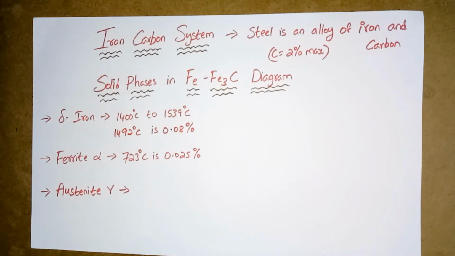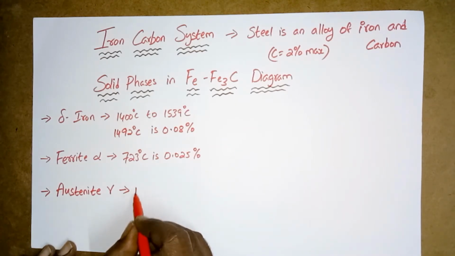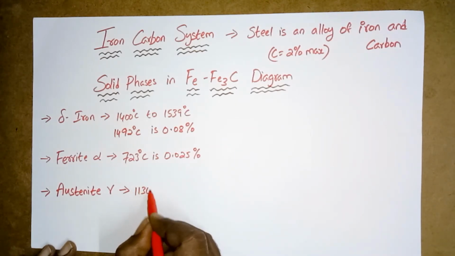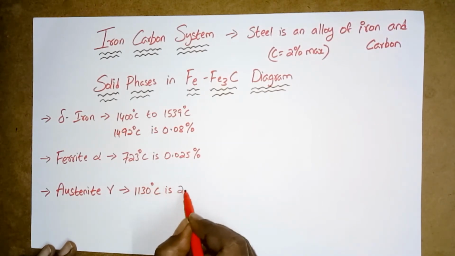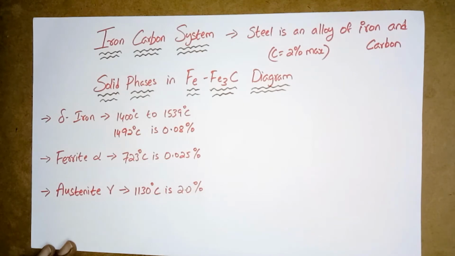The maximum solubility of carbon in gamma iron is 2% at the eutectic temperature, and it decreases to 0.8% at 723 degrees centigrade.